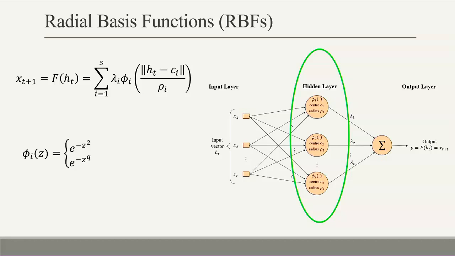The x_i's are the values, and h is the vector. I'm feeding them to the hidden layer that I have in the middle, which has s, the number of nodes in my hidden layer, and I can assign a weight to each of them to get my output. Just a brief review of something that Michael said this morning.